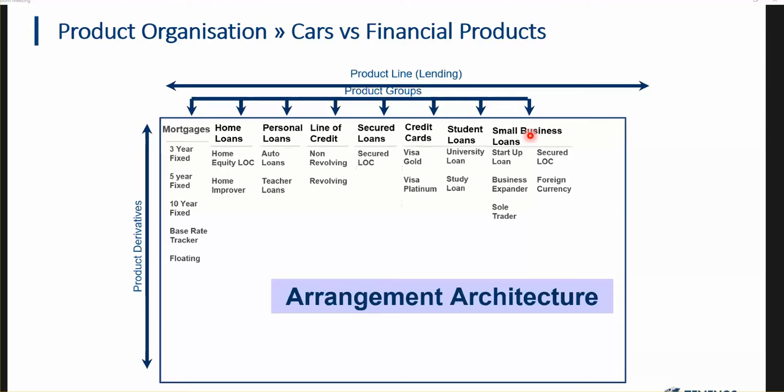Now, under the mortgage, what they're doing is using the reusable components that Temenos supplied. For example, there's a component called term. In this 3-year mortgage, we'll make this component 3 years. But in the 5-year, the same term component will make it 5 years or 10 years, 25 years.